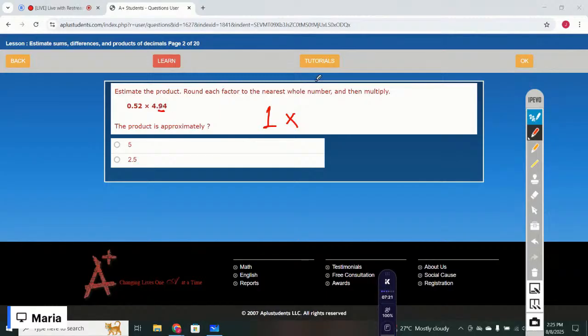So 9 is greater than 5, so 4.94 is rounded to 5. So 5 times 1 is 5. Option number 1 is the correct option.